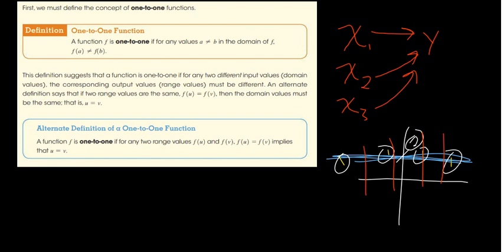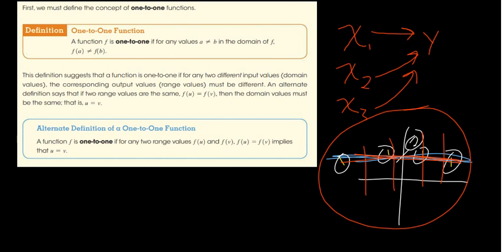Well, now a one-to-one function goes just a little bit further, and it is exactly what it sounds like. It is a one-to-one function, so only one x goes to one y. For instance, this is not a one-to-one function because the y value right here at 2 is being used for every single x value.